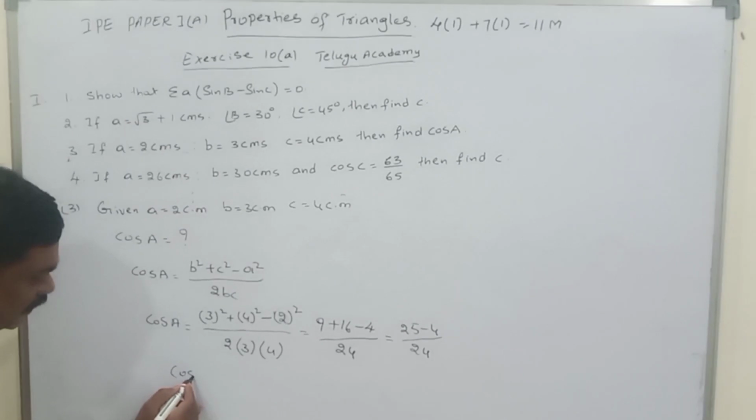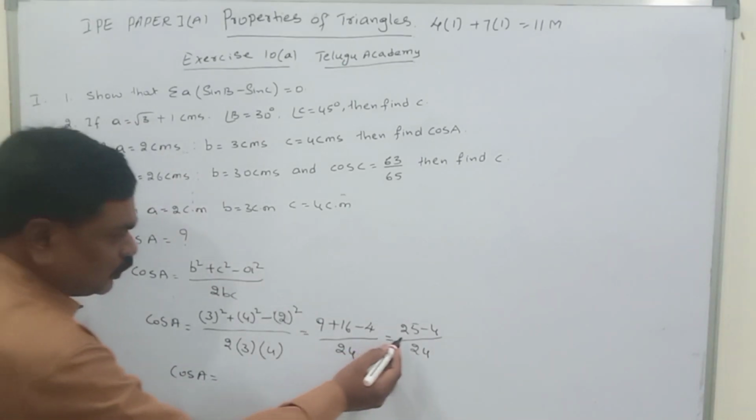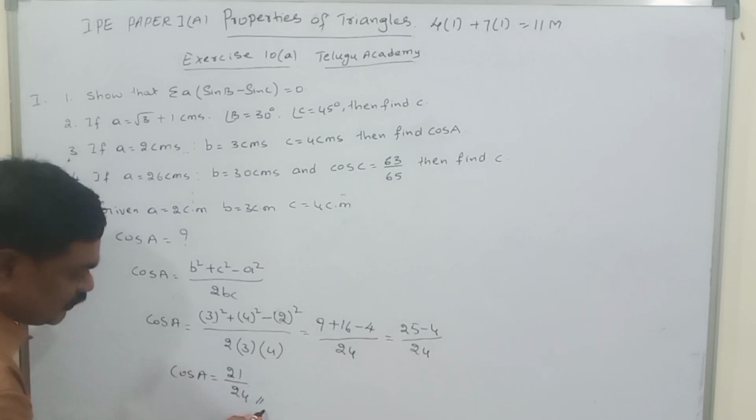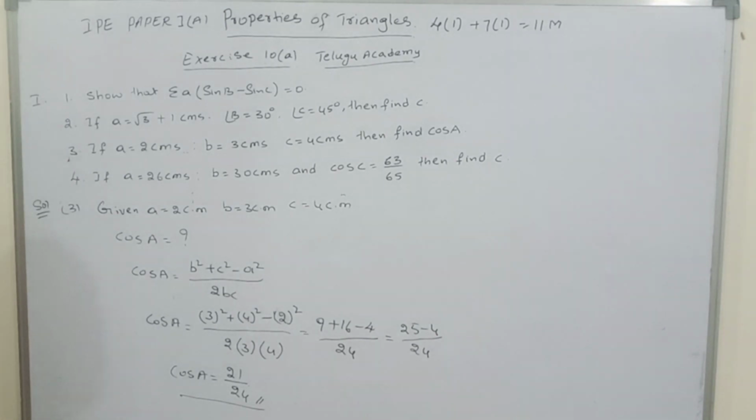So cos A is equal to 24 minus 4... I mean 25 minus 4 is 21, by 24. So this is the cos A value. Okay, all of you. That's it.